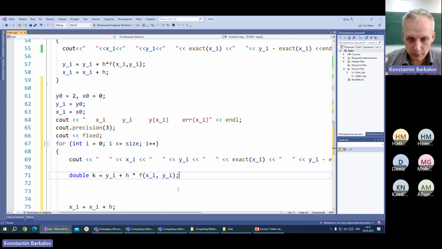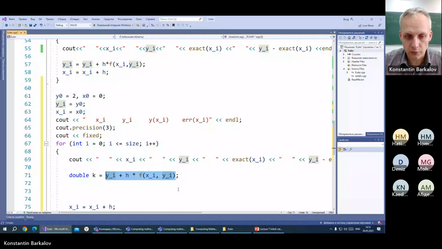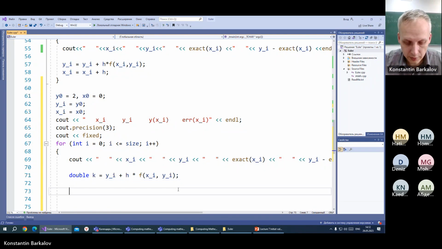The first step, we compute k, and to compute it, we use the formula from Euler's method. Very simple. Second step, we compute yi.